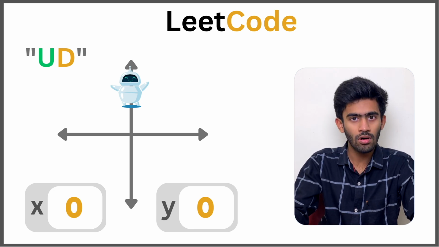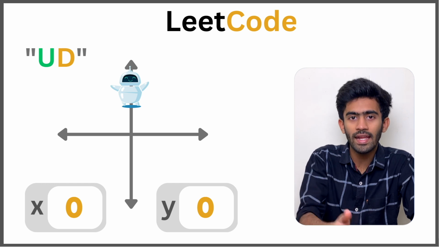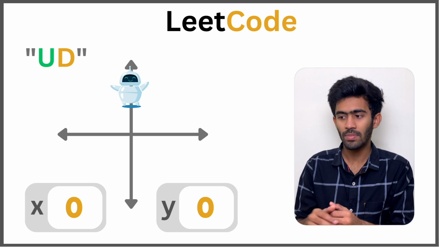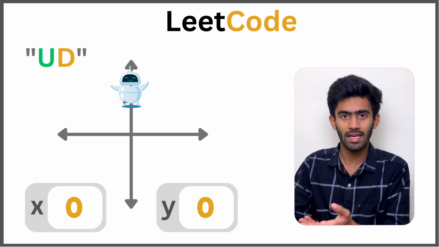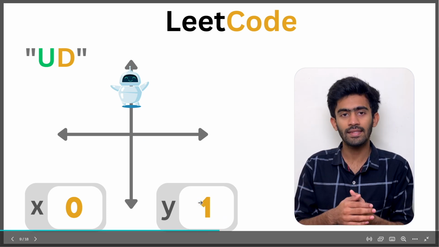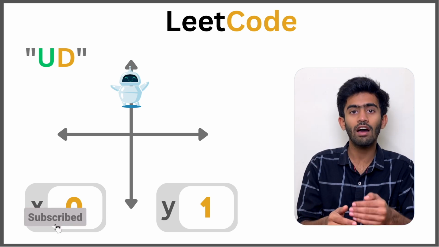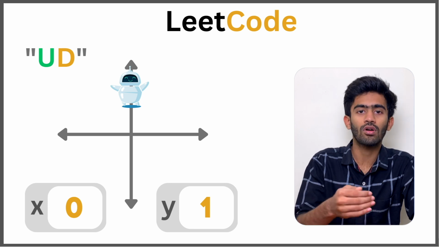We of course know that the x coordinate does not change, just the y coordinate is incremented by 1, because by the graph we know that this is 0, 0 and this is 0, 1, right? So y coordinate is incremented by 1 and hence after the execution of the instruction U, the robot would have moved one step up, which would result in the point of 0, 1.